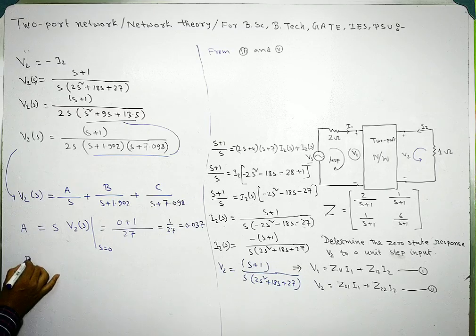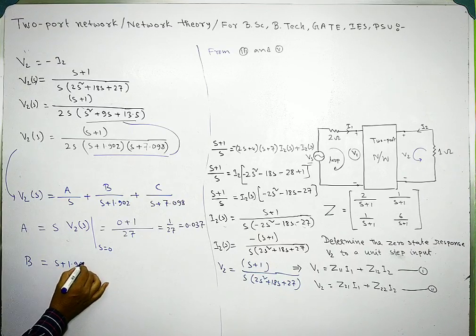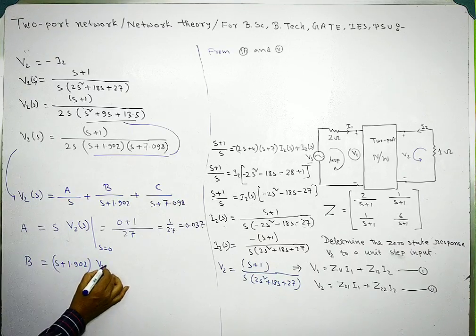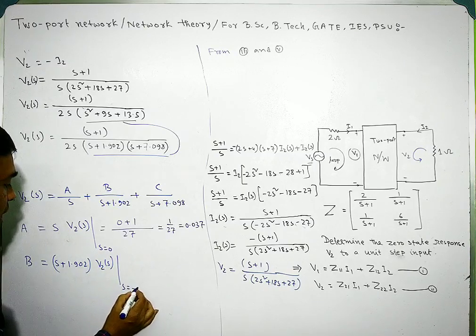And B can be calculated as (s plus 1.902) into V2(s) at s equals minus 1.902.